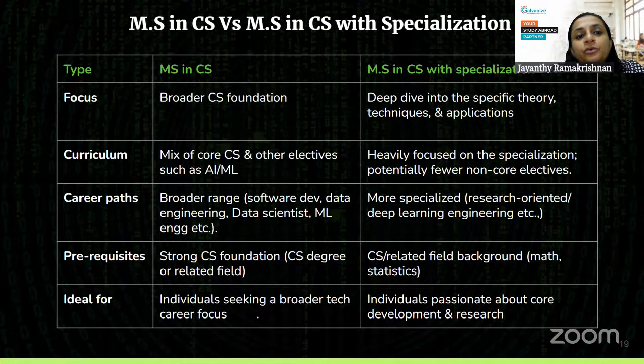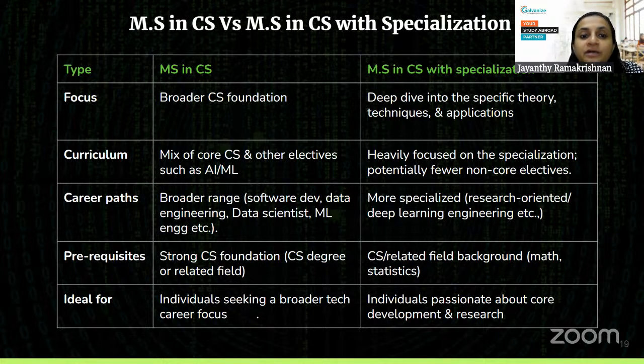For example, if you're doing a master's in computer science, then you will get a broader computer science foundation. Whereas, say you decide to do a master's in AI, then you're going to deep dive into the specific theory, the techniques and applications of that specialization. While you will still have some of the CS foundation, you will be working more on that specific specialization.